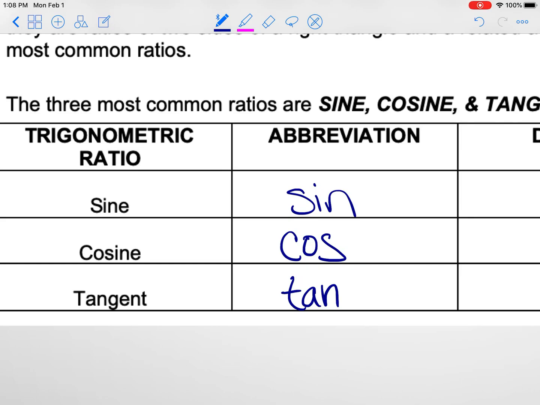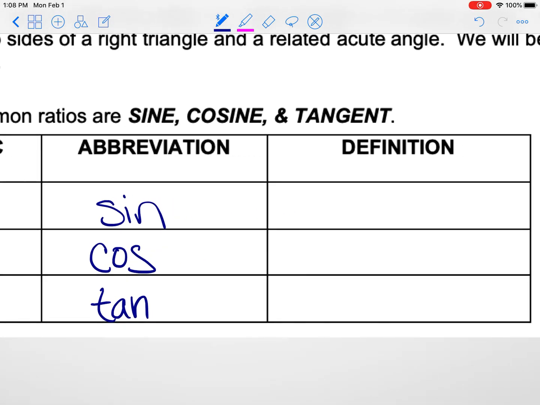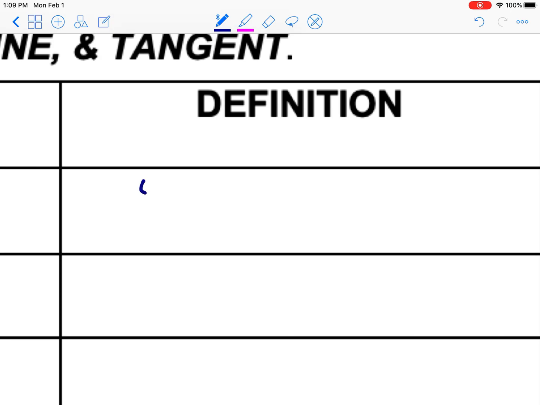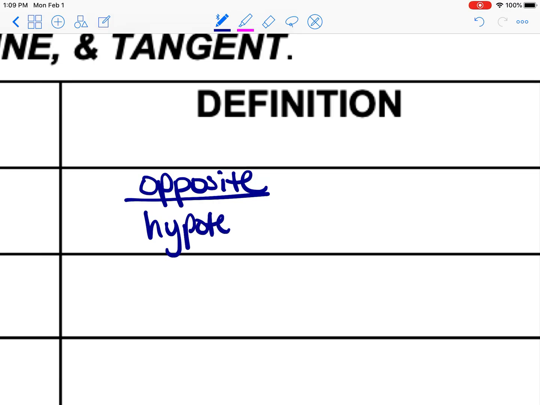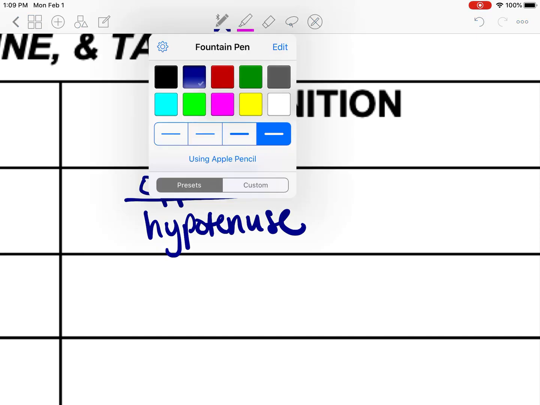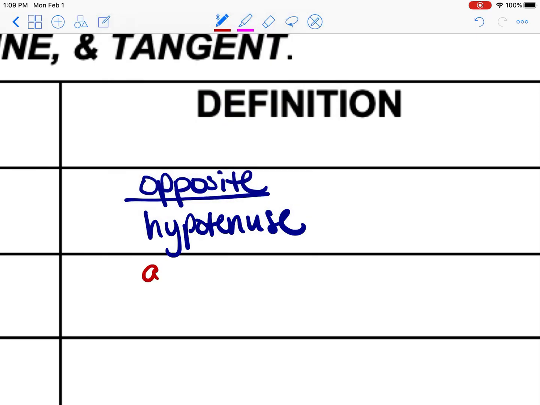The definition for sine is opposite over hypotenuse. So the opposite side over the hypotenuse, and I'll show you what that looks like in terms of a triangle. Cosine's definition is adjacent over hypotenuse.